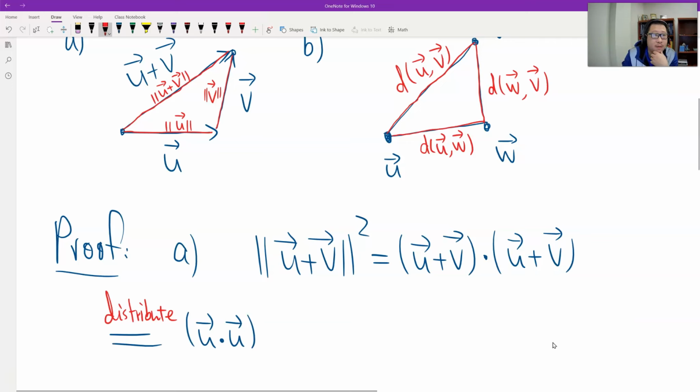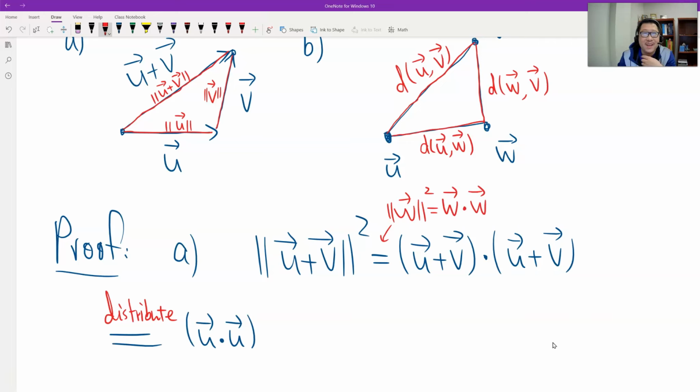Let me put it first for you. The first thing we use is that the norm of w squared equals the vector dotted with itself. We repeatedly use this result.